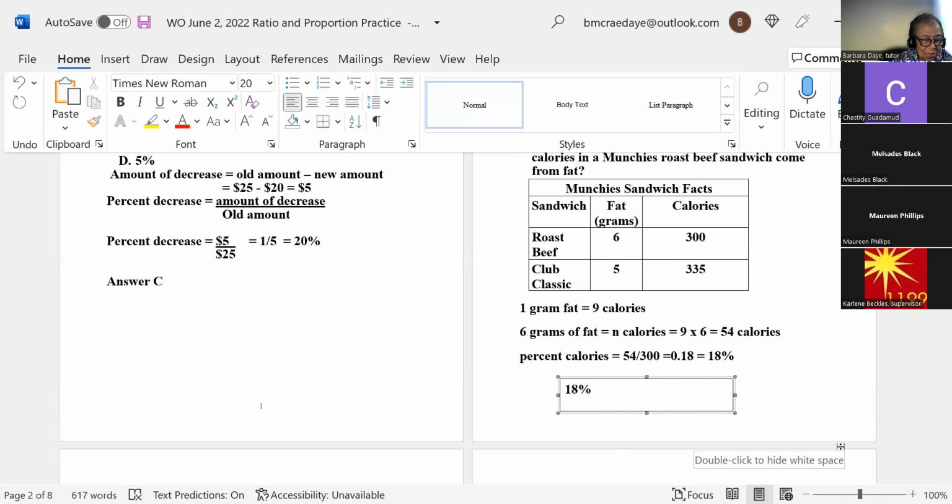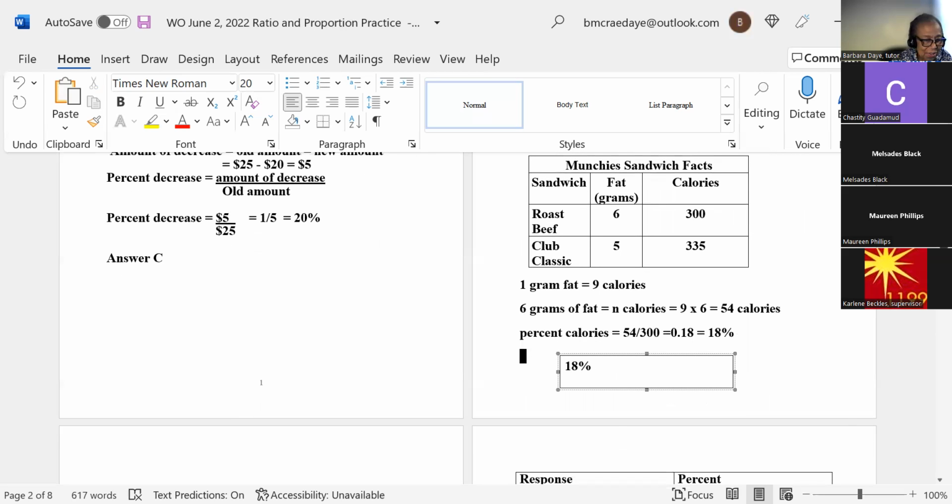Anybody got an answer? How many calories from 5 grams of fat? That's your first step. What did you get, Mercedes? 45. Now get the percent.